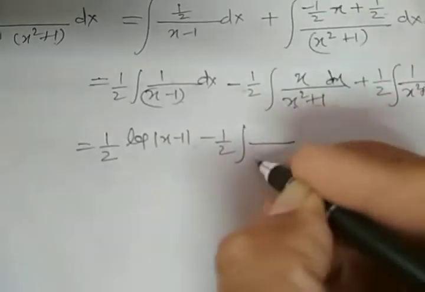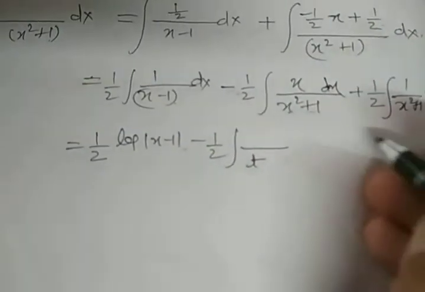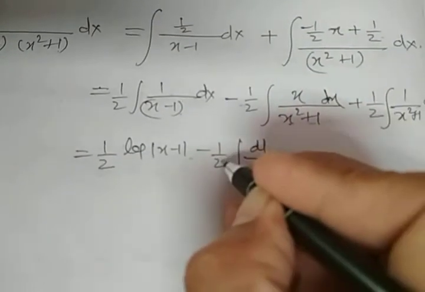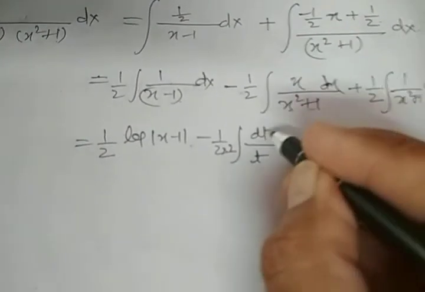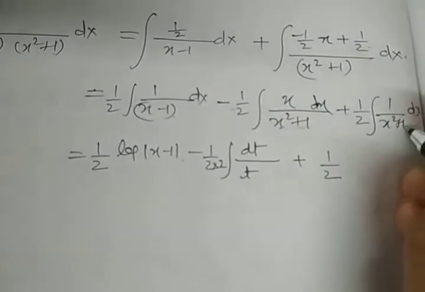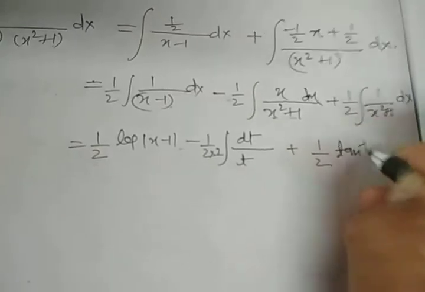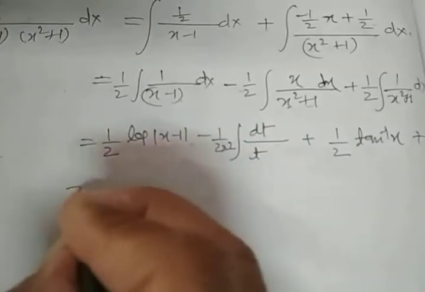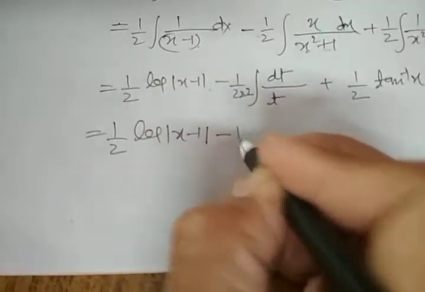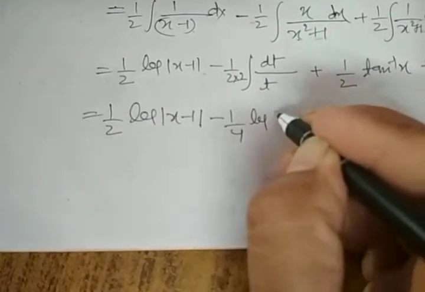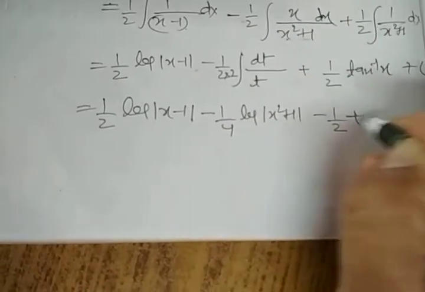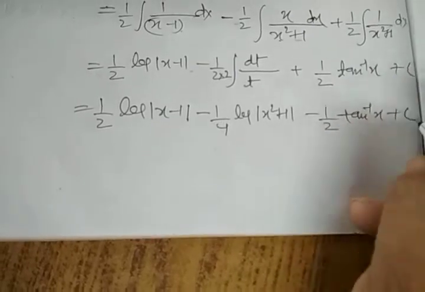Minus 1 upon 2, we considered x square plus 1 equal to t, so 2x dx equals dt, so x dx will be dt upon 2, 1 by 2 is multiplied outside, plus 1 by 2 integration of 1 upon 1 plus x square, that is tan inverse x. Now 1 by 2 log mod x minus 1 minus 1 by 4 log mod t, t meaning x square plus 1, minus 1 upon 2 tan inverse x plus constant.